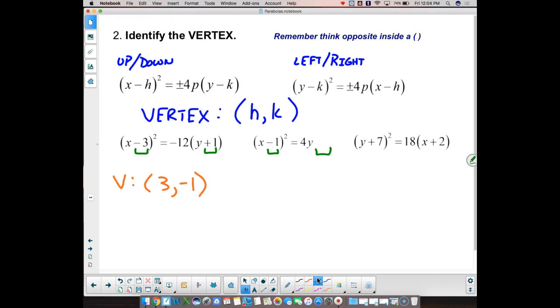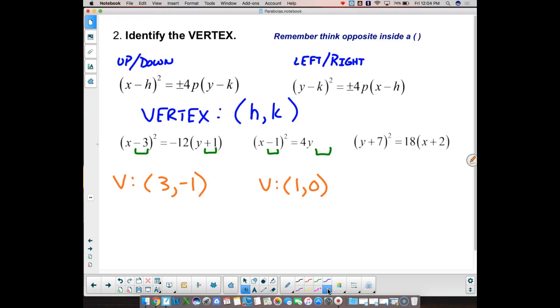One comma 0? Agree with 1 comma 0. There's nothing being added or subtracted to the y, so that makes that one be 0. So the vertex here would be at 1 comma 0.